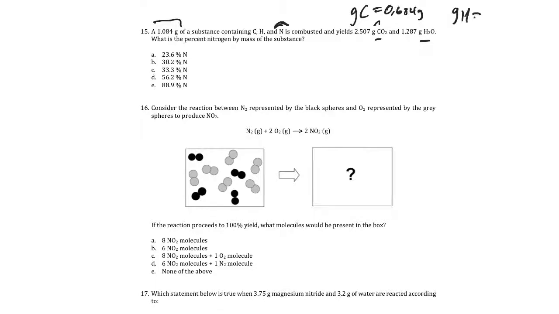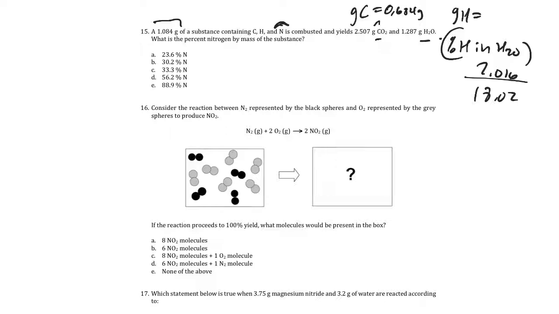And the grams of H from the mass of water would be 1.287 times 2 times 1.008 divided by 18.02. So you're just multiplying again the mass of water times the percent H in water, which would be 2.016 divided by 18.02.